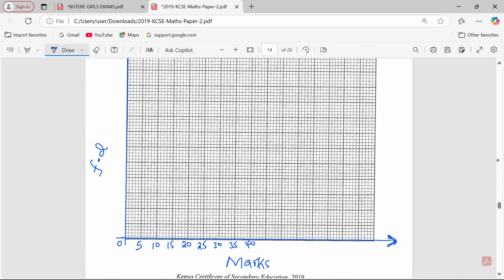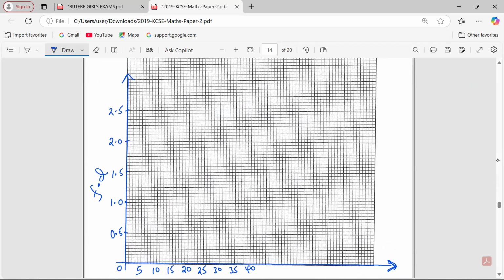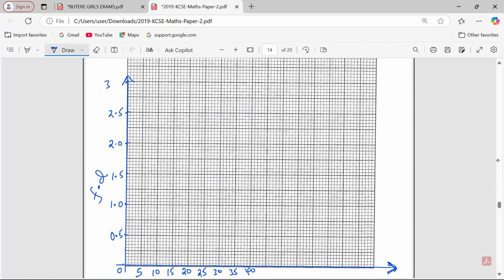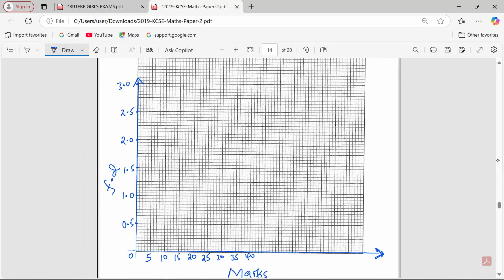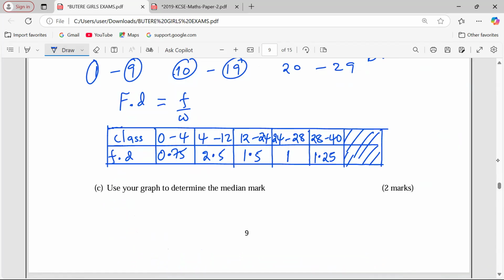With 0.5 here, we will have 1.0 here, then 1.5, that way. We go to 2.0, then we will have 2.5 there. That way, we can also talk about 3.0. That's now the scale for the frequency densities. Now, in the first class, we are having 0 to 4.